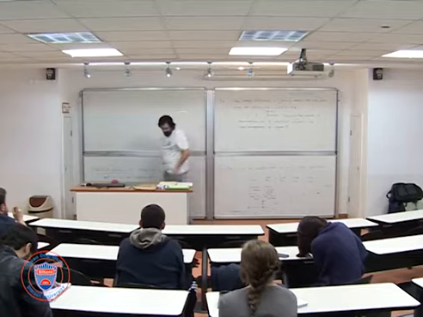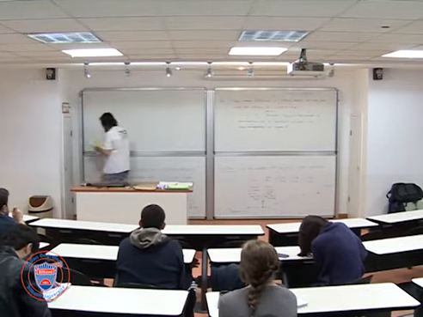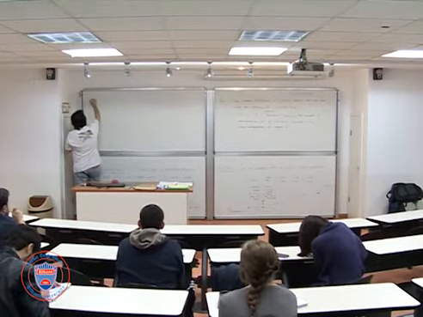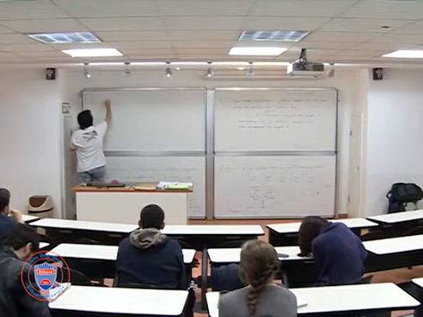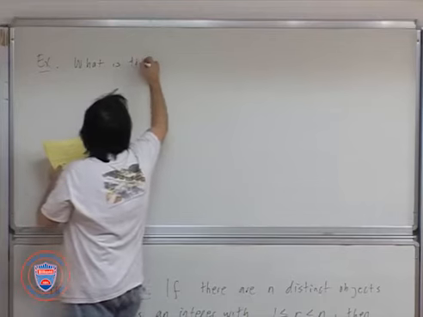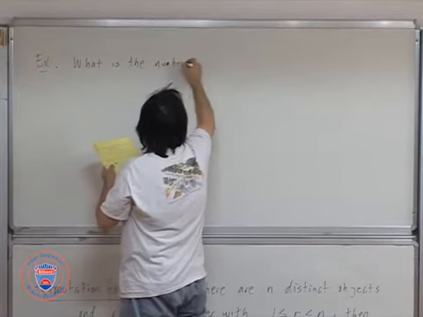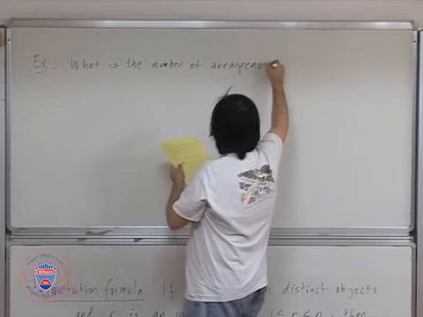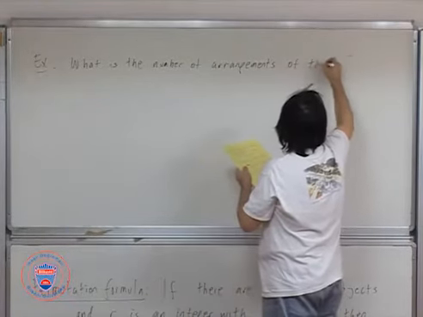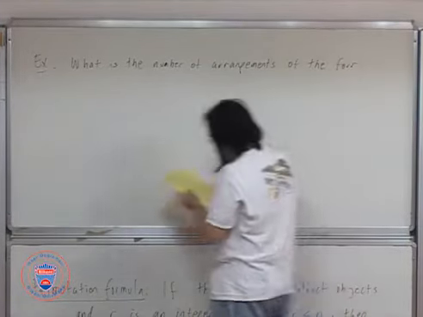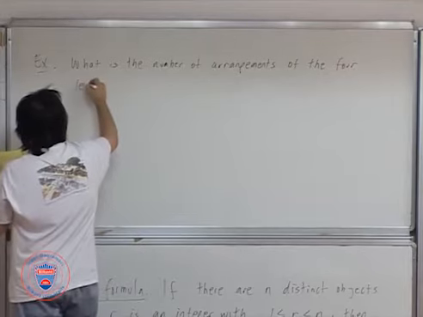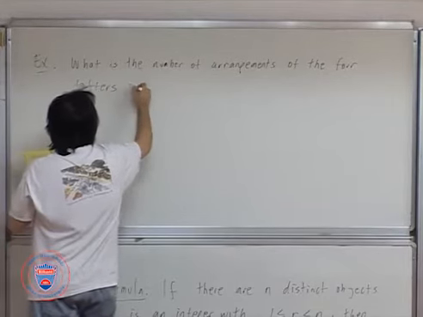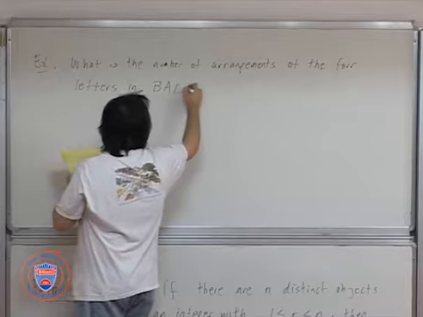The easiest example where I can explain this situation is this question. What is the number of arrangements of the 4 letters in ball?